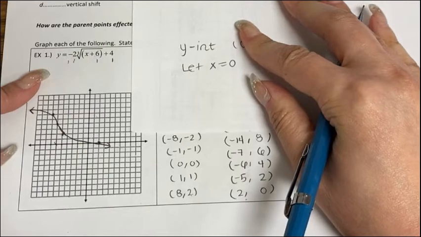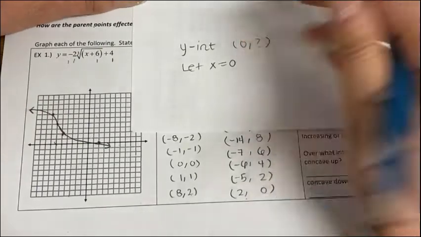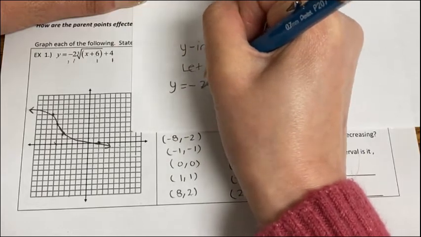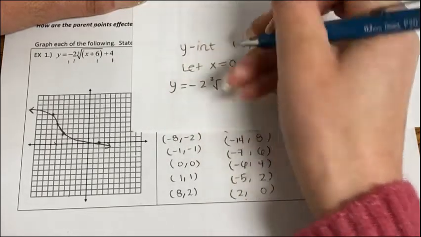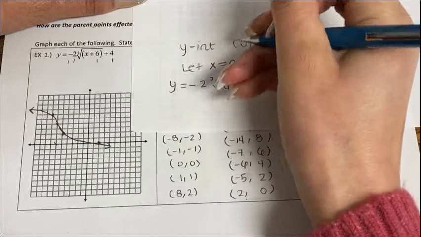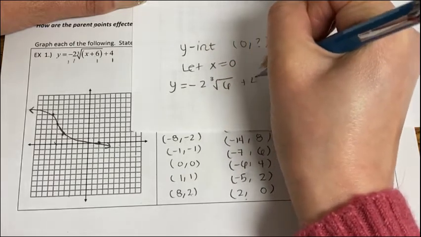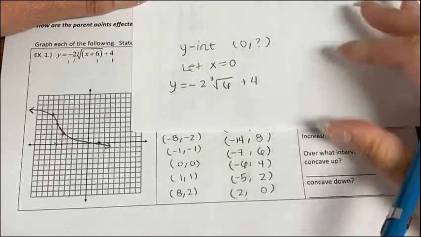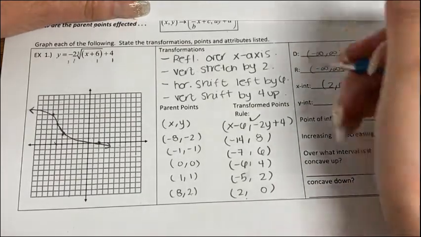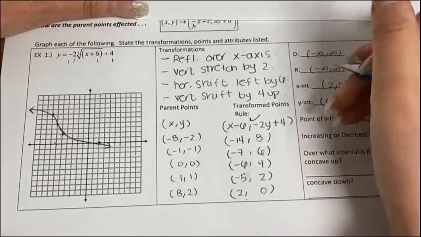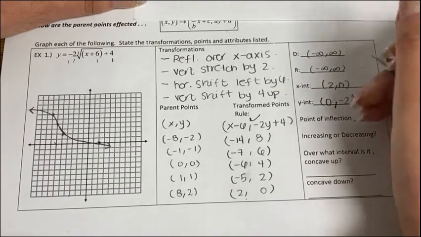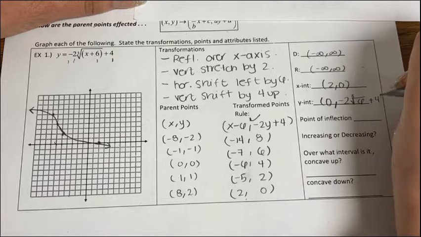So what you're going to do here is plug in x as 0, so you have y equal to -2 times the cube root of 0 plus 6, which is 6, plus 4. Okay, so that's going to be your y-intercept. So we can go back here and say, okay, it's 0, comma, that value. This is your y-intercept.